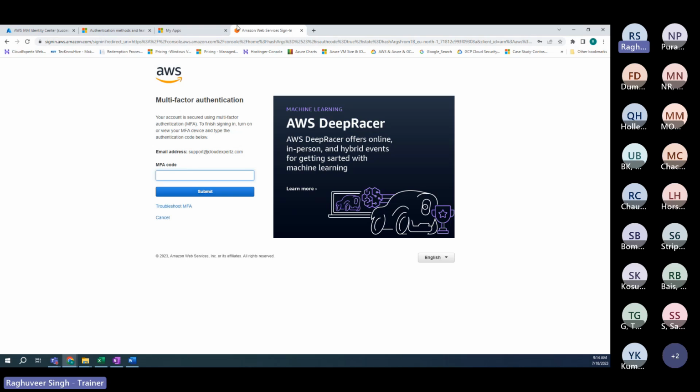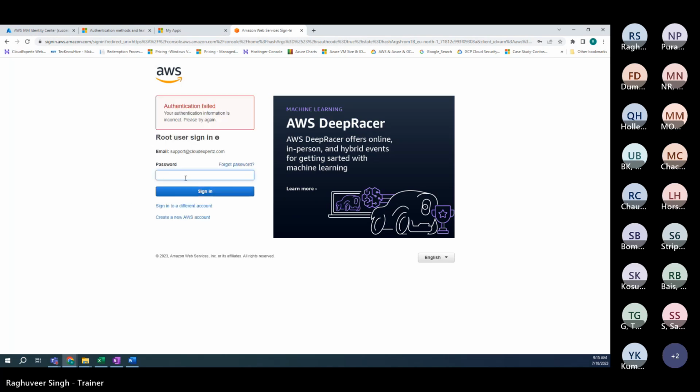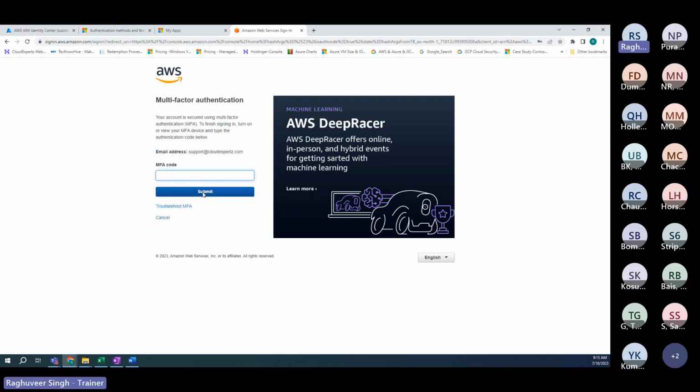The root user is similar to account admin in AWS, and you must protect your root user account. I find it difficult to remember passwords, and very soon I'm going to configure passwordless for all my accounts.